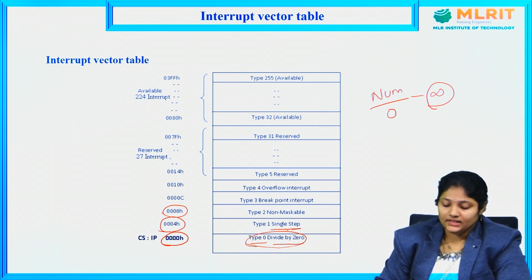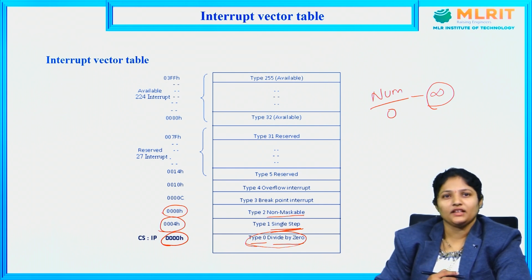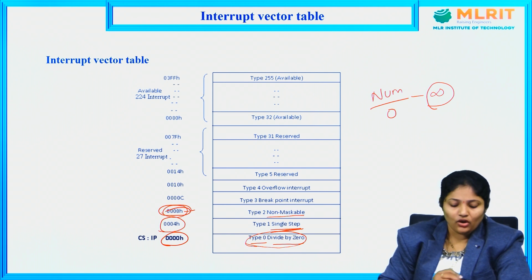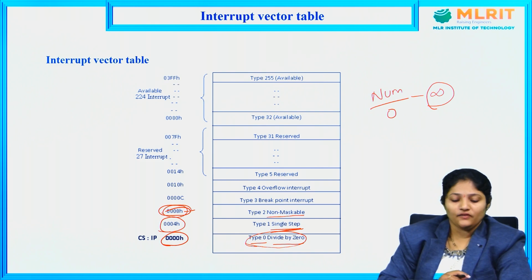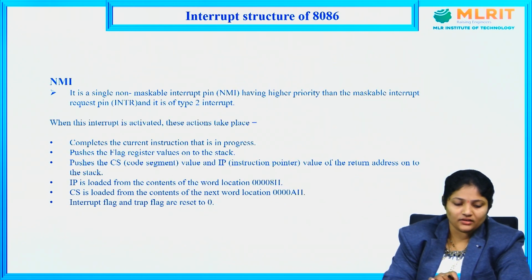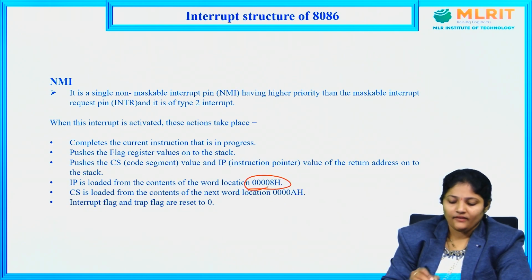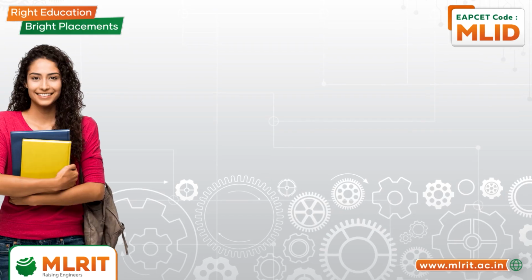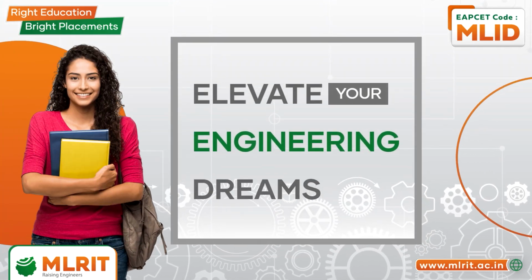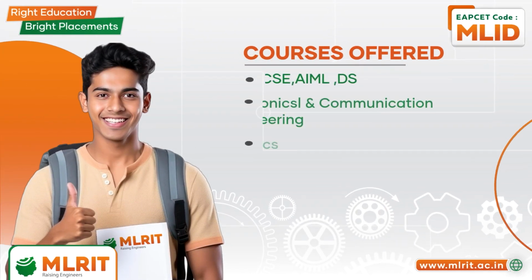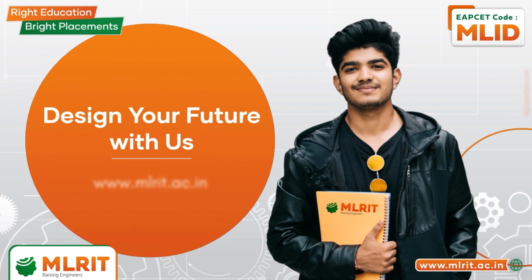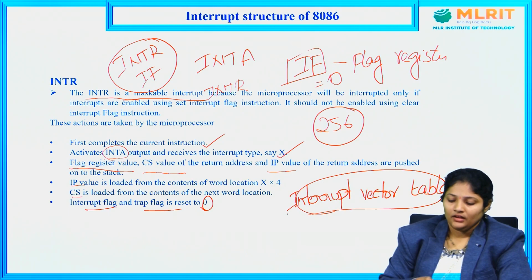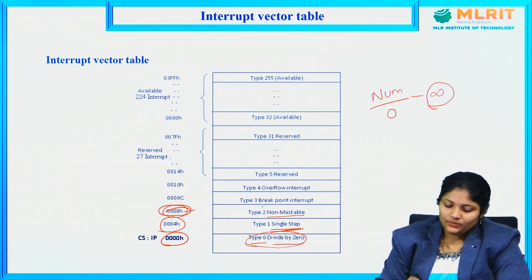Type 1 is single step execution. Type 2 is the non-maskable interrupt, NMI, as I already told you. For the non-maskable interrupt, the vector service routine address will be 0008H. If you remember, in the previous slide I already mentioned that it will have 0008H. The next one is the breakpoint interrupt.